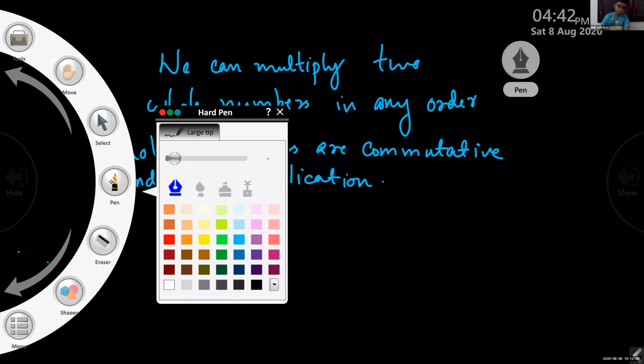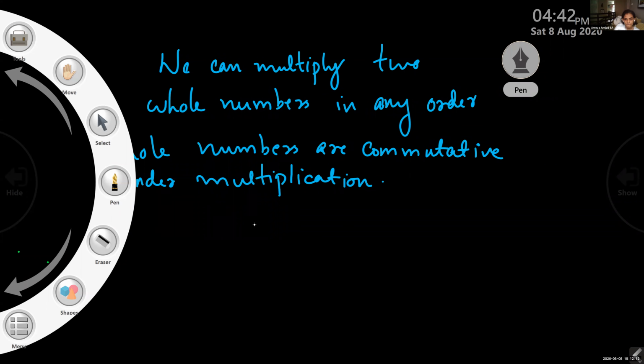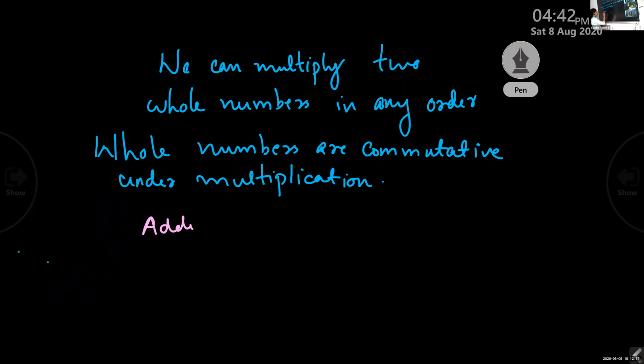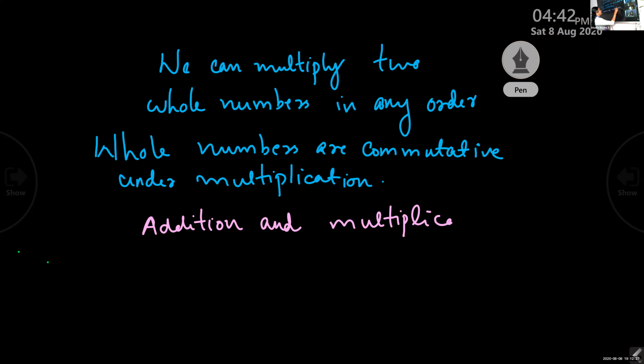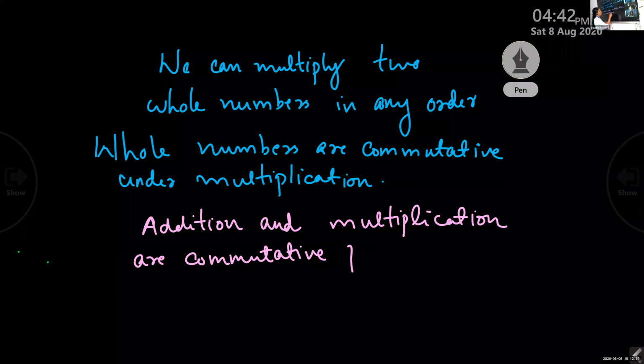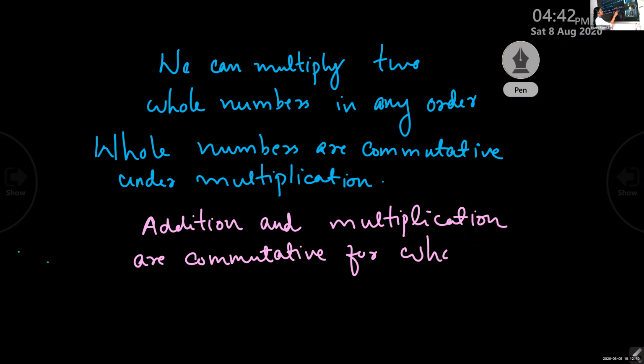Finish, ma'am. Okay. Addition and multiplication are commutative for whole numbers.